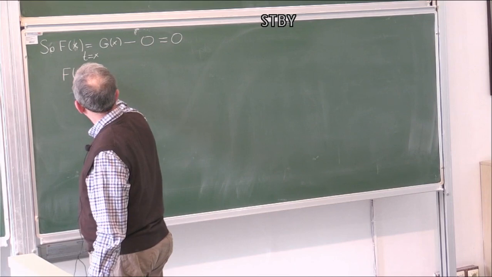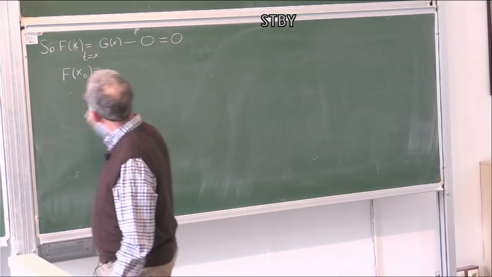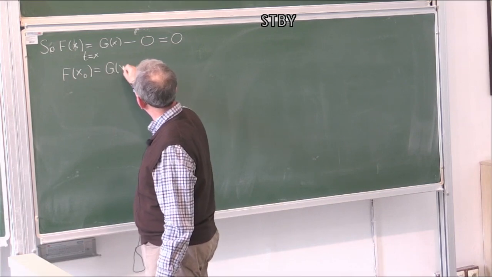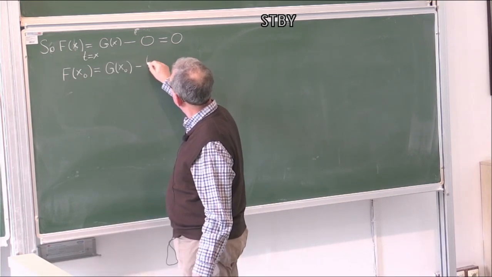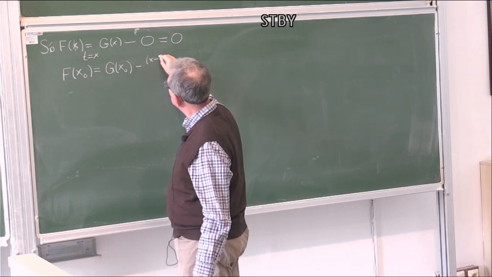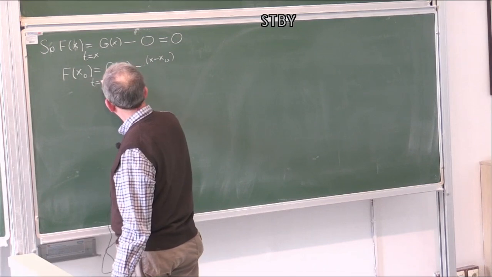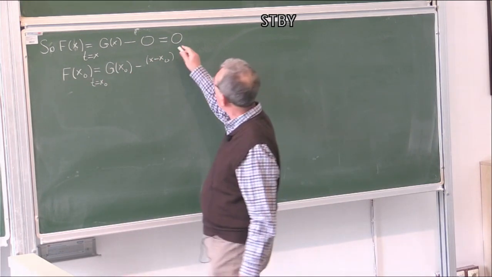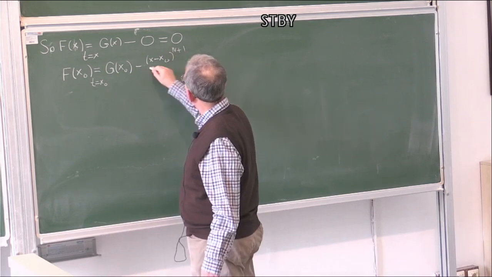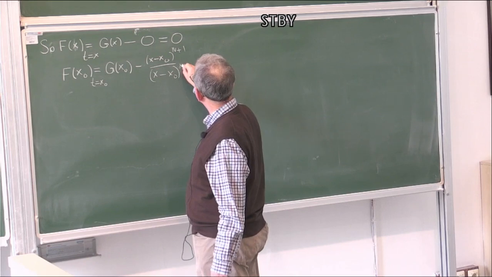Now let us look at f of x0. f of x0 is g of x0 minus (x minus x0), so here we put t equal to x0 now, to the power n plus 1, divided by (x minus x0) to the power n plus 1.